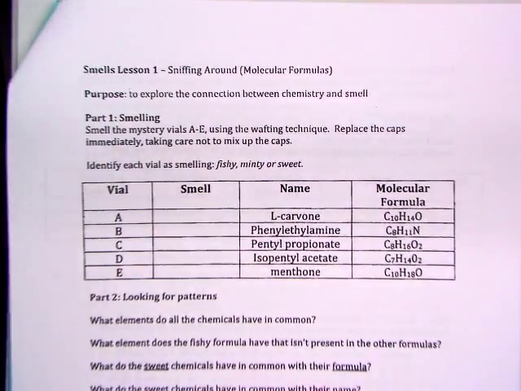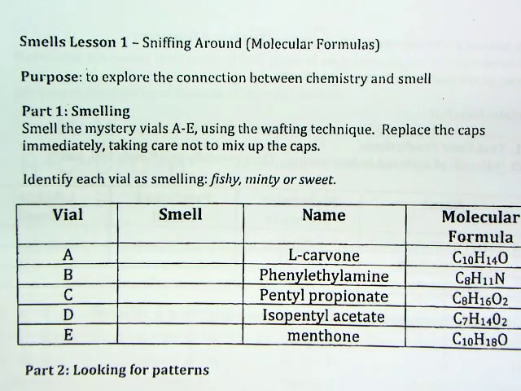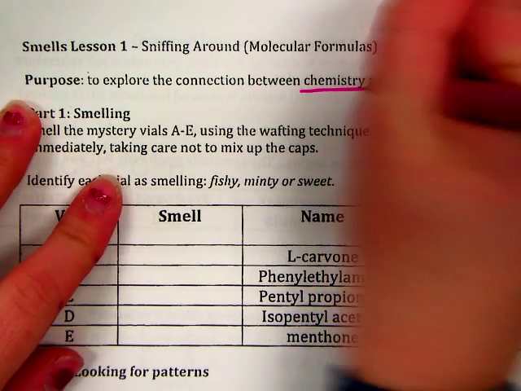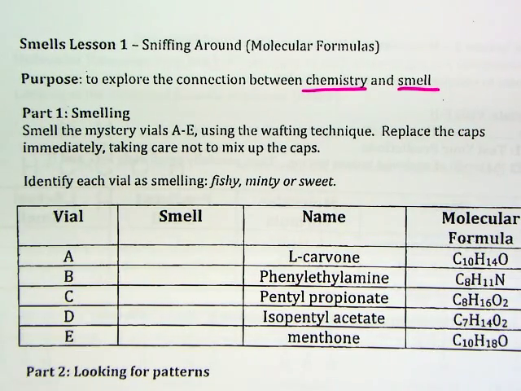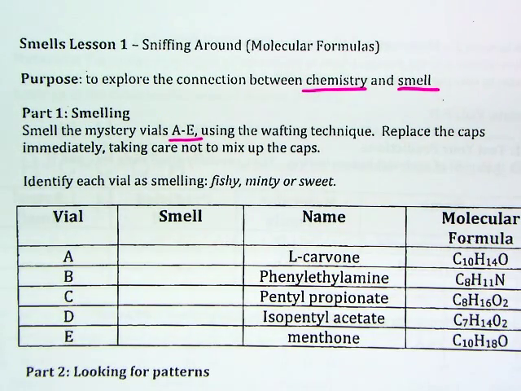Lesson 1 is called Sniffing Around Molecular Formulas. The purpose of this lesson is to explore the connection between chemistry and smells. When completing the lab for lesson 1, we have these vials A through E, and they all have different smells in them.